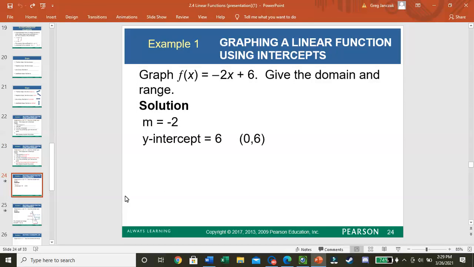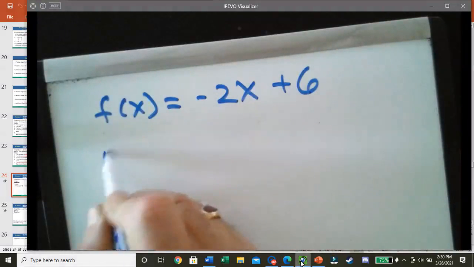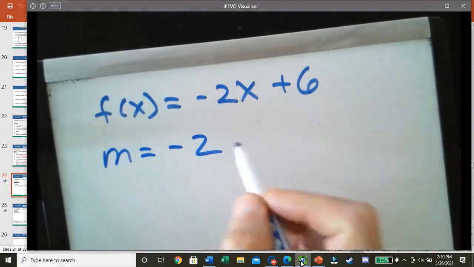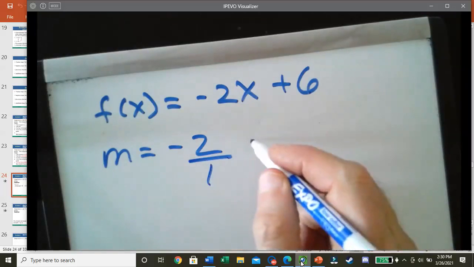So let's take a look at this one. We have f of x is equal to negative 2x plus 6. We know that our slope is negative 2, so that means this is negative 2 over 1, which is our rise over run.